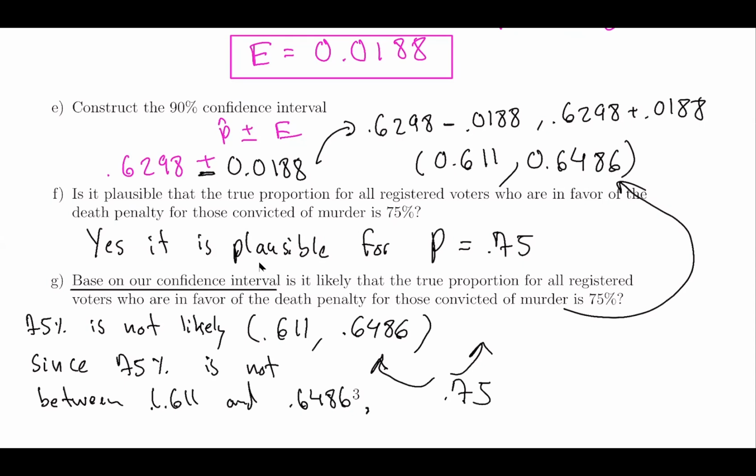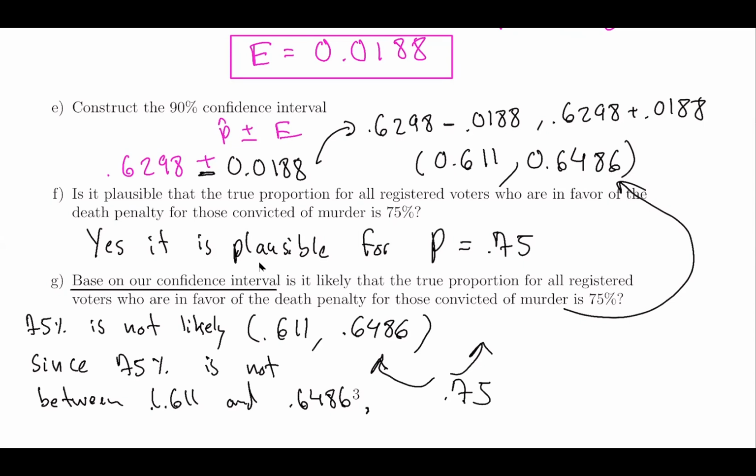Yeah, I could explain it again. All right. So if you look at part G, it's telling you based off of your confidence interval. So we want to just use our confidence interval. Part F, if you look at it, it's not asking you to use a confidence interval. It's telling you, can 75% be the population proportion?